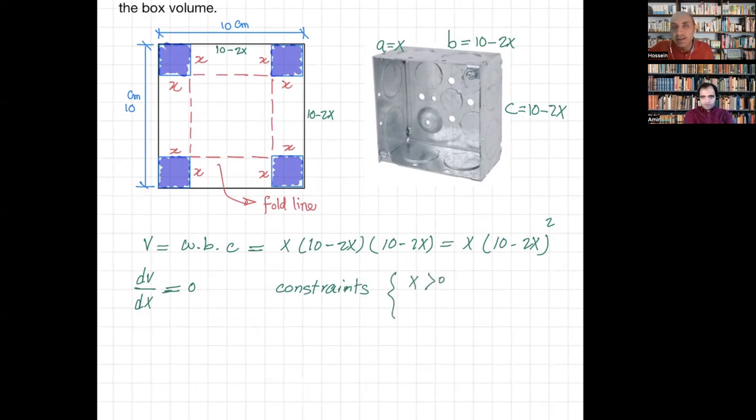If x is 0, that means we don't have any cut. We don't have anything. Yeah, correct. It's just a flat sheet. And then another constraint is when we make a cut, we just want to end up with a box. We don't want to cut the whole sheet. So 10 minus 2x, or let me write it like this first.